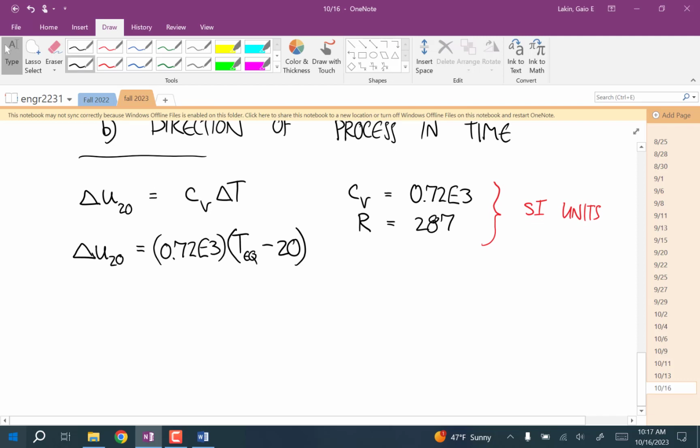And then the change in specific internal energy for the 100-degree air is 0.72 times 10 to the third times T equilibrium minus 100.